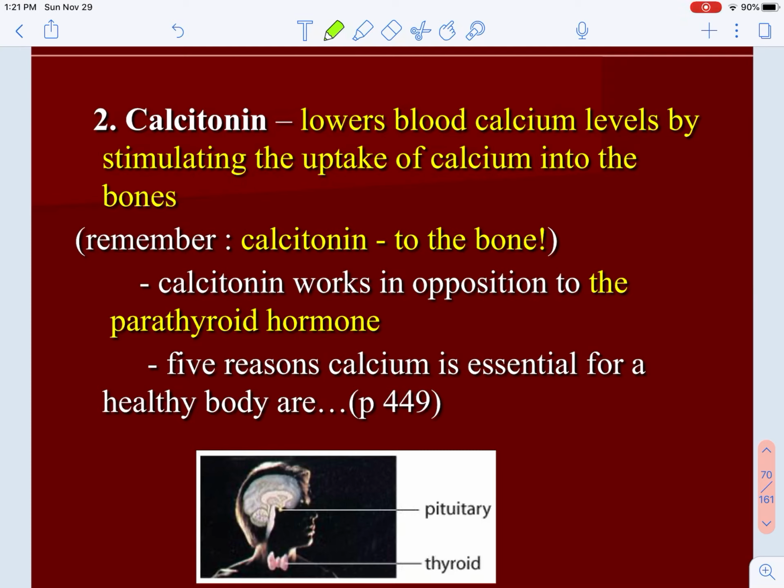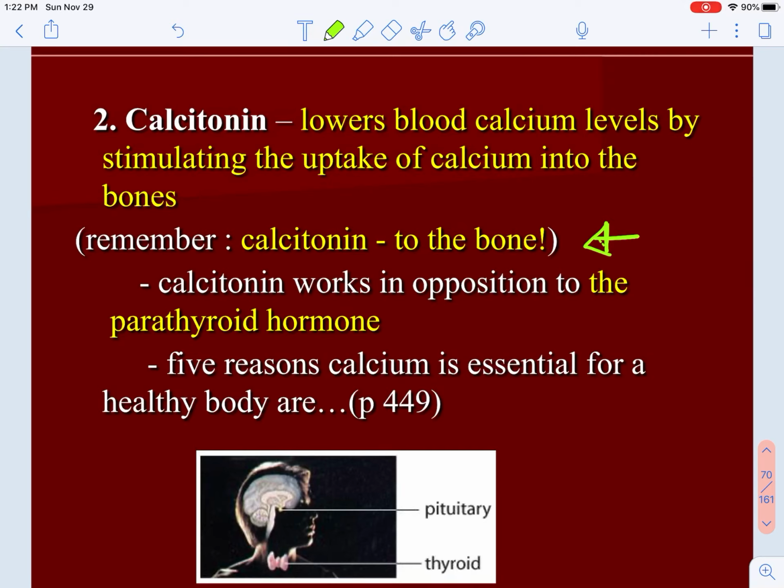So calcitonin sends calcium to the bone, and for that reason, it is reducing the blood calcium by putting it into the bones. This is going to be an important little rhyme to remember: calcitonin to the bone.